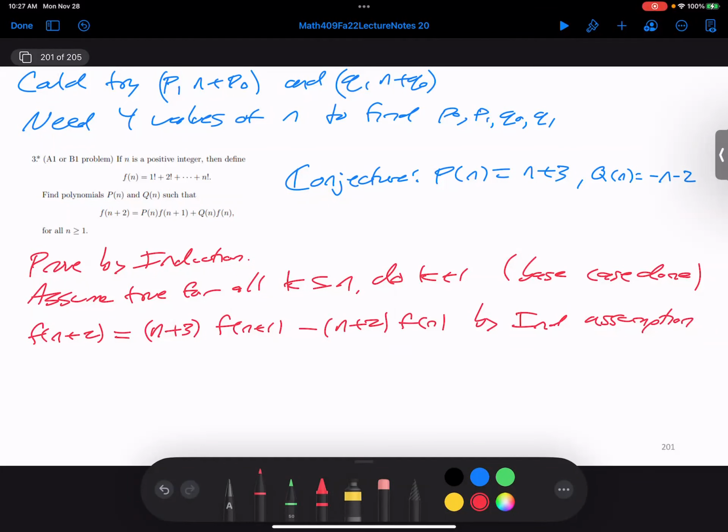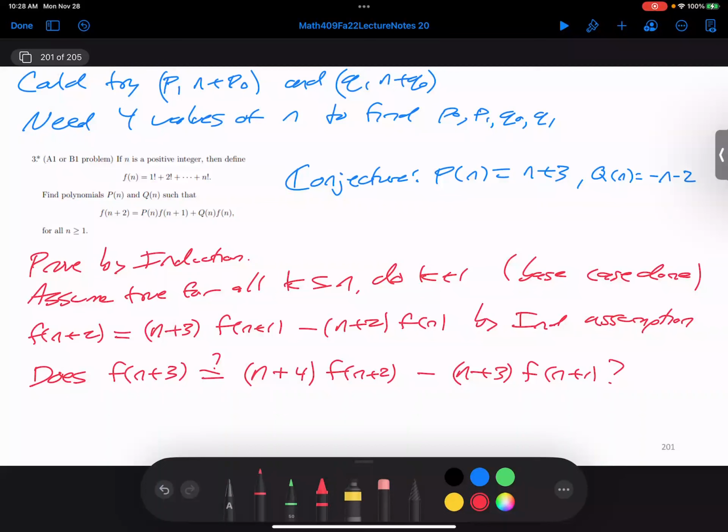And now the question is, we need to show, does F(n+3) equal (n+4) F(n+2) minus (n+3) F(n+1)? Right?